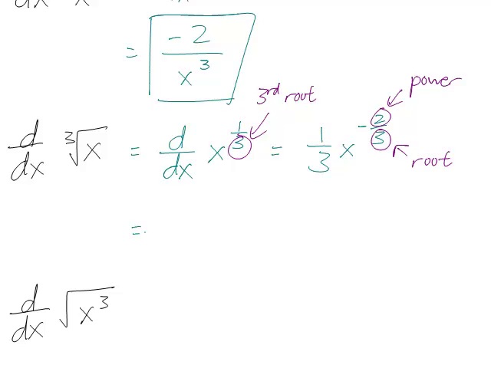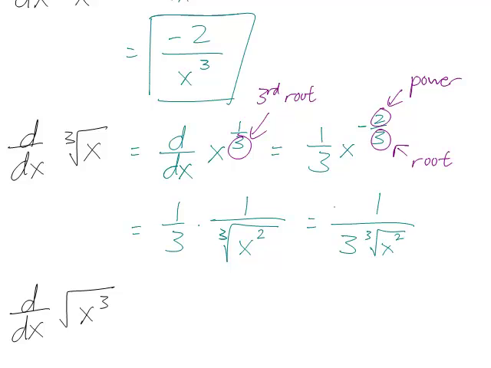So this is 1/3 times 1 over x to the second power and then the third root, or 1 over 3 cube root of x squared. Alternatively, you can write x to the 2/3.